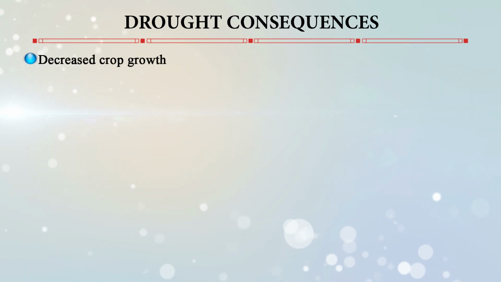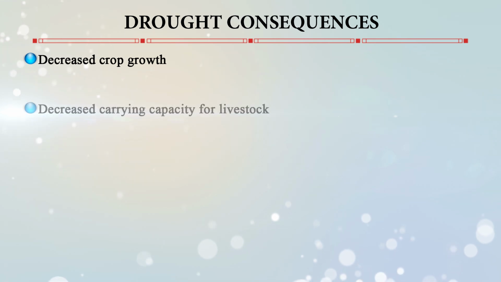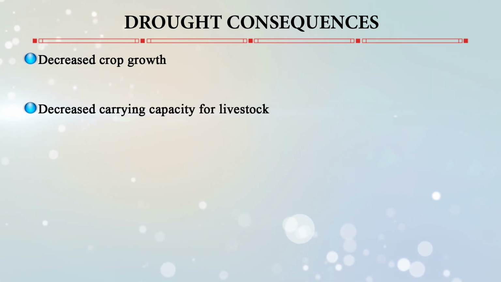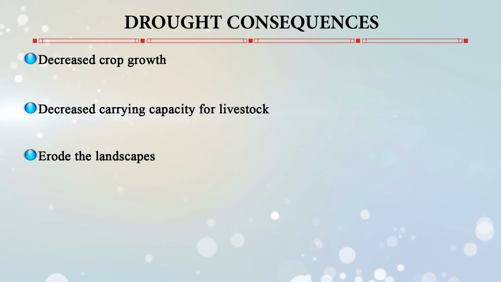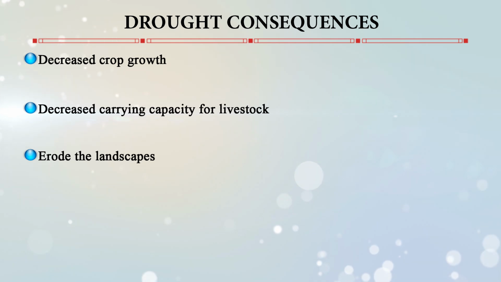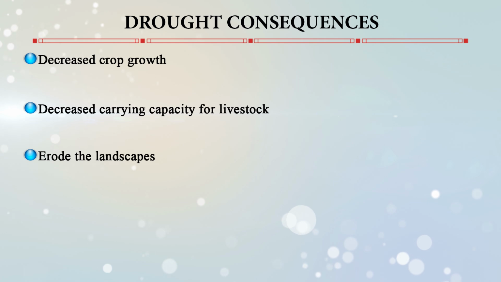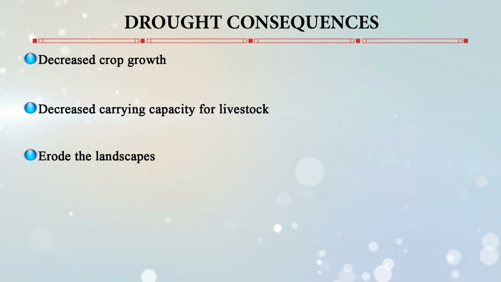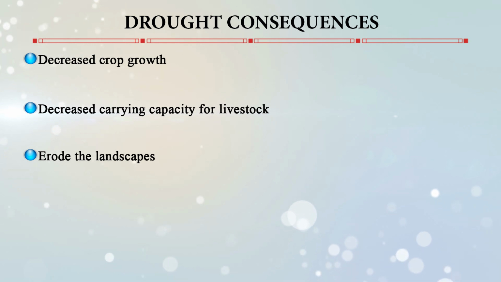The consequences of drought can also lead to decreased crop growth and a decreased carrying capacity for livestock. They can erode the landscapes. If you have ever been to the desertified regions, drought inflicted regions, you will see that the ground has cracks, absolutely no water at all, and it appears totally dry.